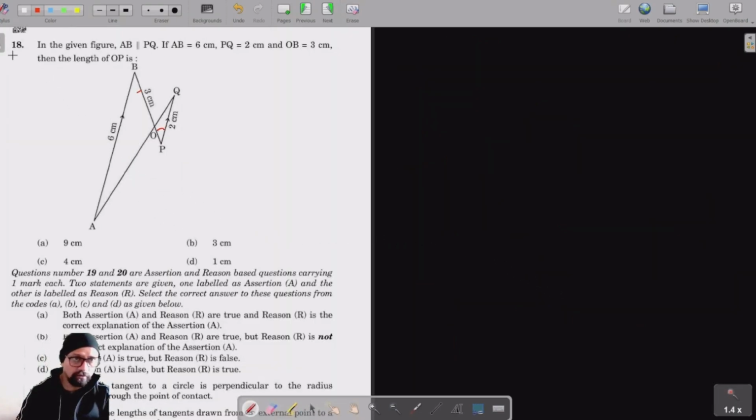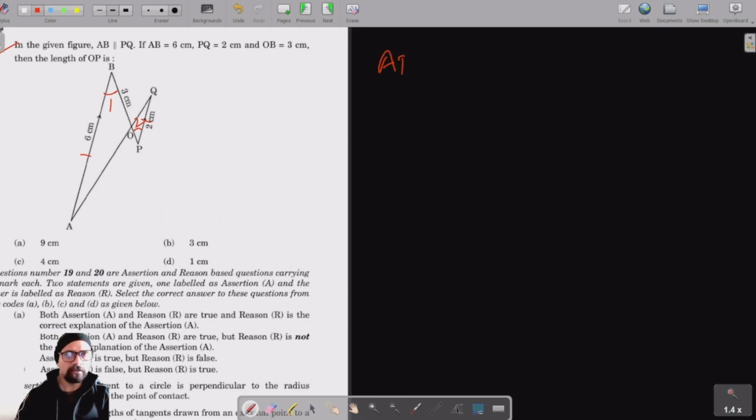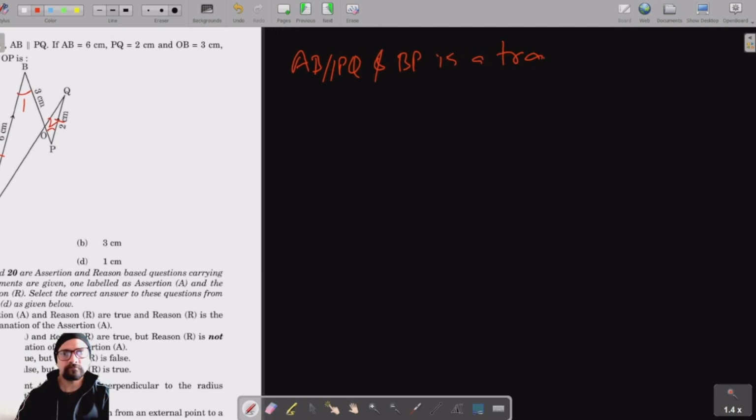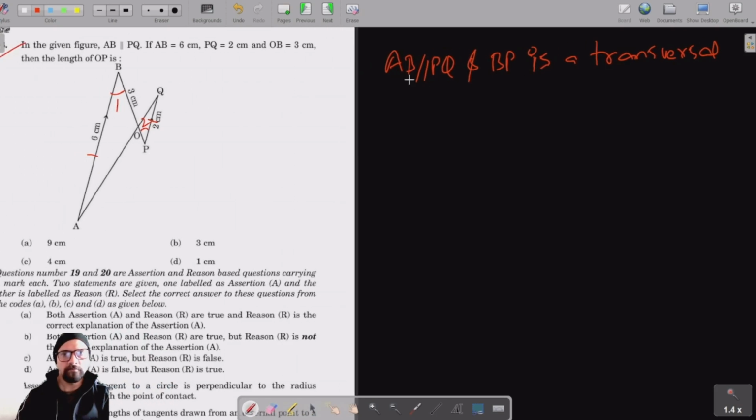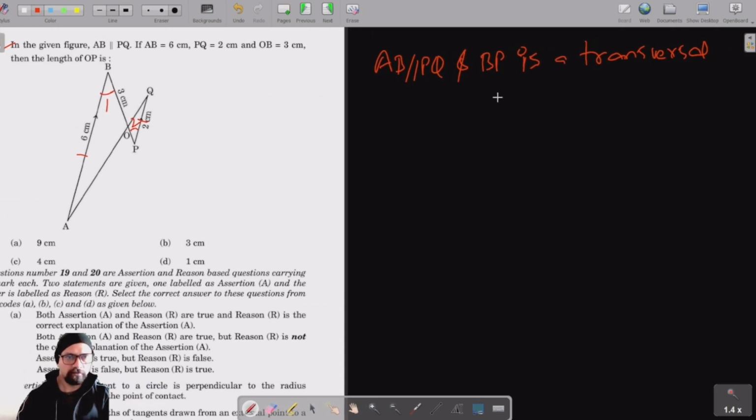Okay, for question number 18, it's given that AB is parallel to PQ, and let's say this is angle 1 and this is angle 2. So AB is parallel to PQ and BP is a transversal.